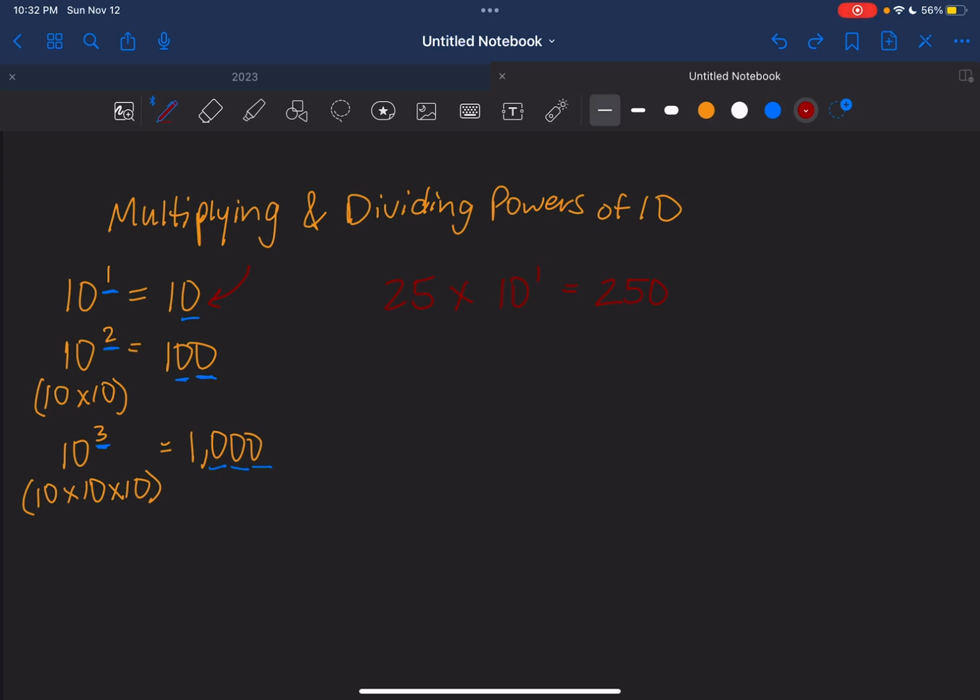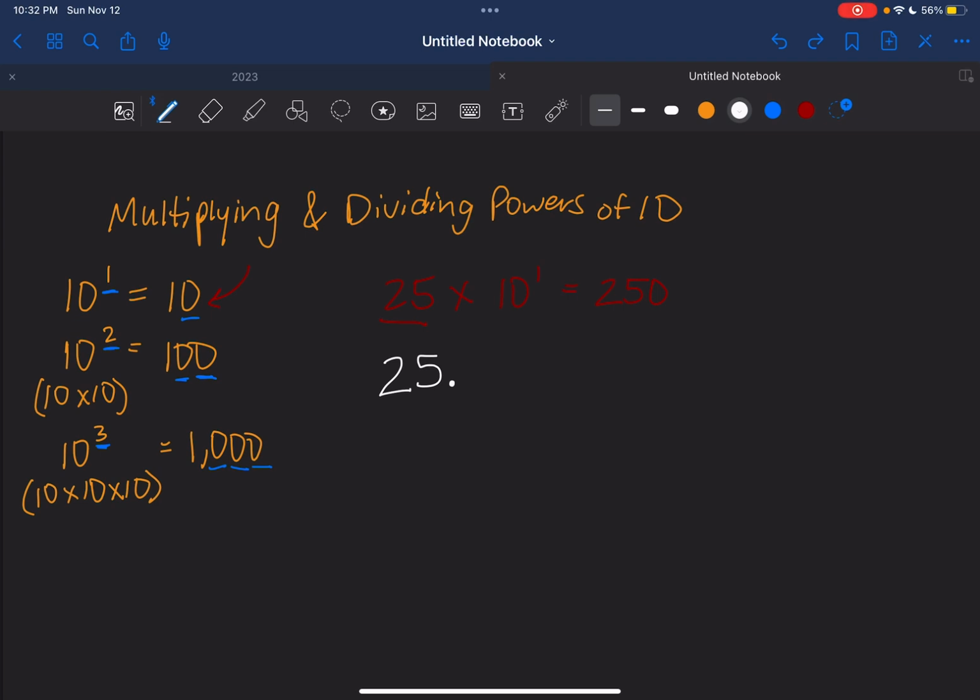So if you look at this number 25, we talked about in class how this number could have an invisible decimal point right there. We didn't see it the first time we wrote 25, but you can see it now. You could think of any number like that as having an invisible decimal point after the ones place, okay?